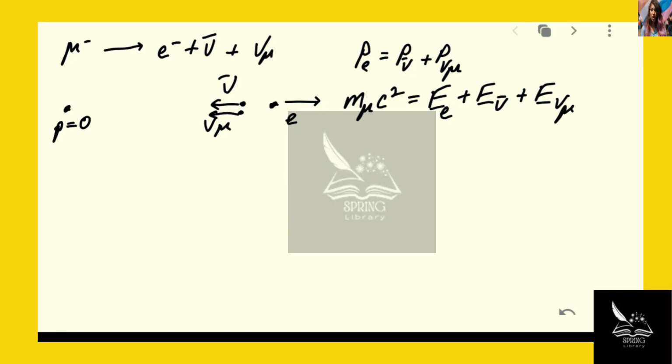Now we're going to find what each of them individually are. For the electron, by the mass energy relation, the energy of the electron is equal to the square root of momentum squared, c squared, plus its rest energy squared.